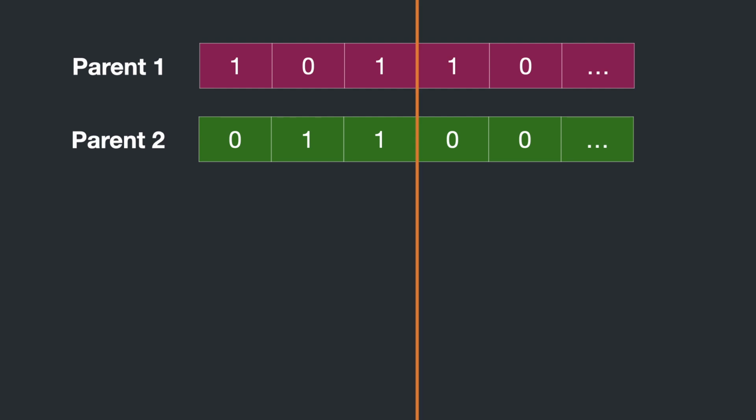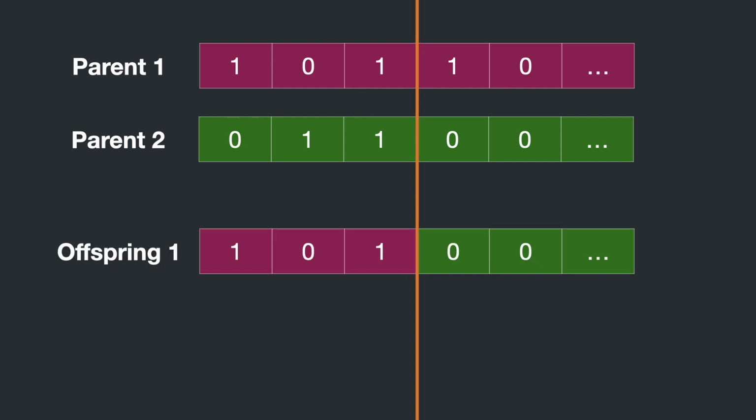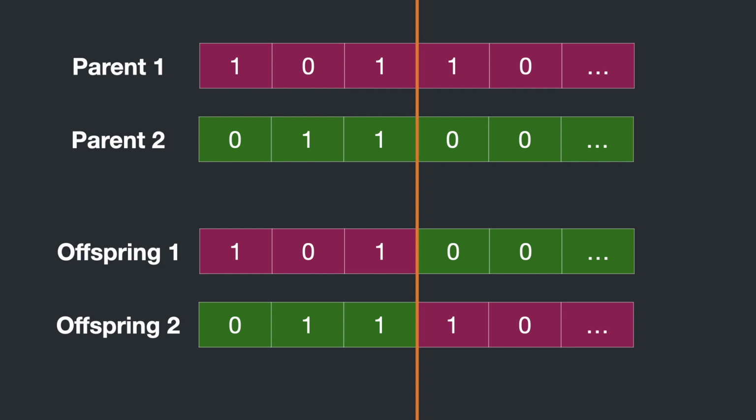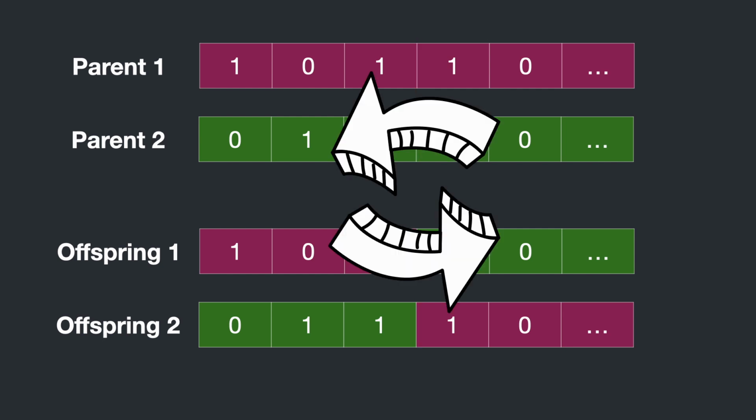The parent chromosomes are split at the crossover point. Then 2 offsprings are created. Offspring 1 gets genes up to the crossover point from parent 1 and genes after the crossover point from parent 2. And offspring 2 the inverse of that. And this process is repeated until a complete new population is created.